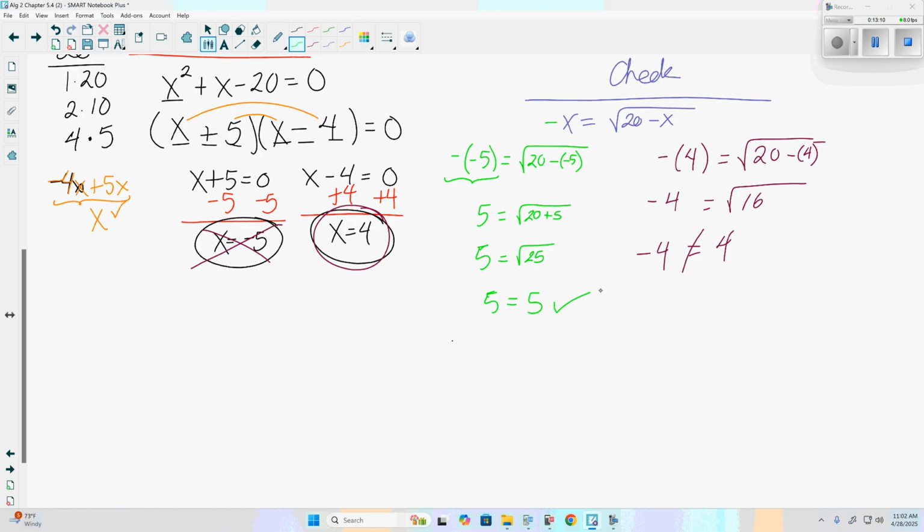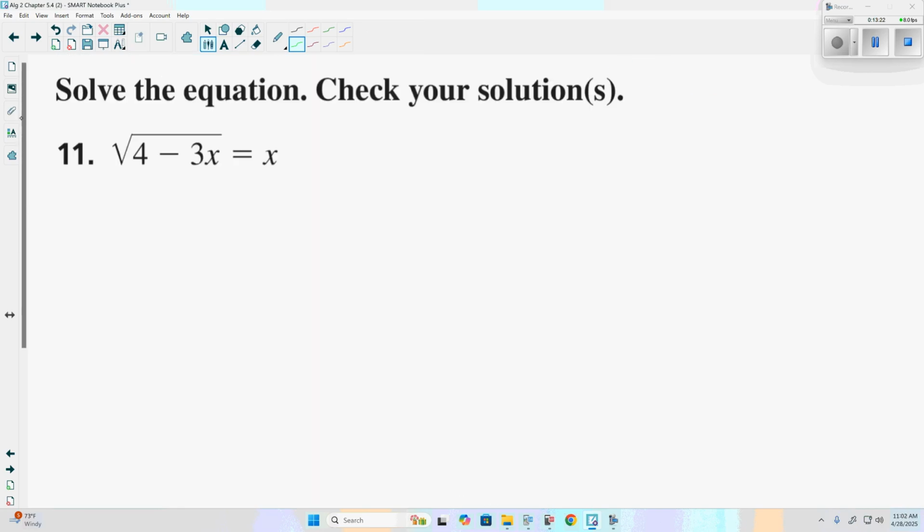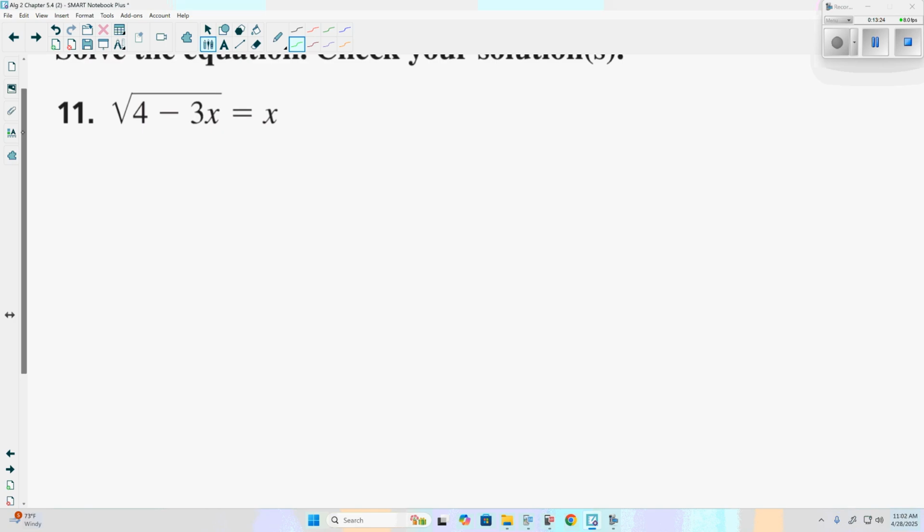So if it had been negative x on the other side instead of positive x, the negative case works, the positive doesn't. In our original context, the positive worked, the negative didn't.